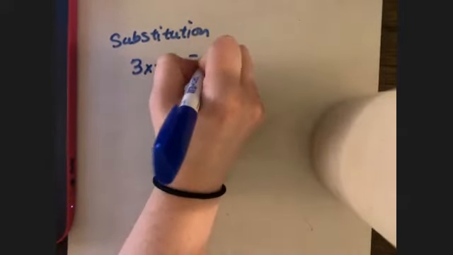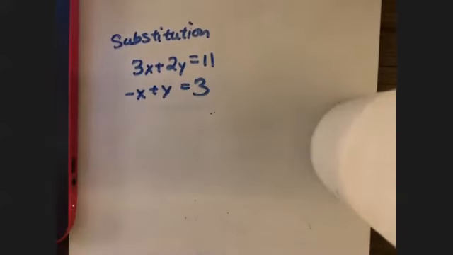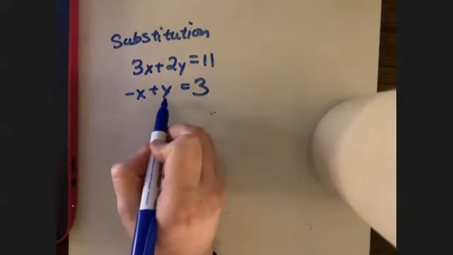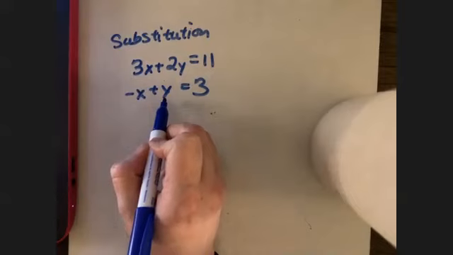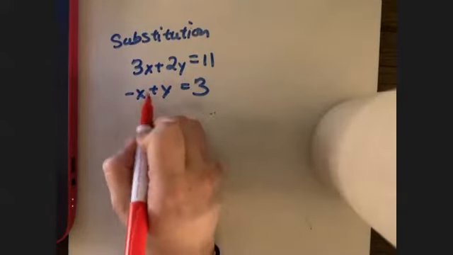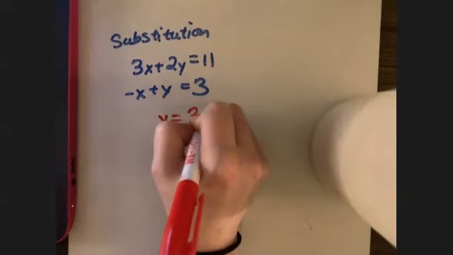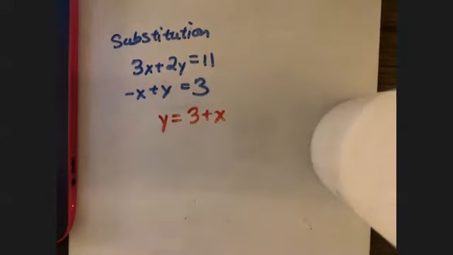So the system that we're going to look at is this one. Now, the easiest letter here to solve for is going to be this y in this equation, okay? So we're going to solve for that y in that equation because it's already positive, and I'm not going to have to do any division. Now, I'm going to intentionally write this in a separate color, okay?